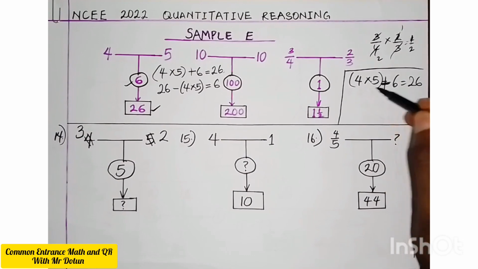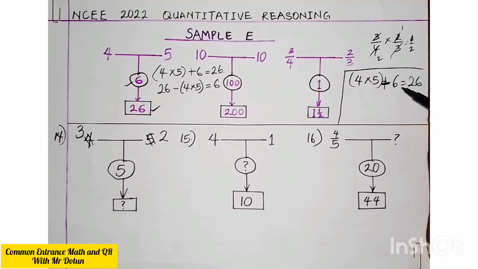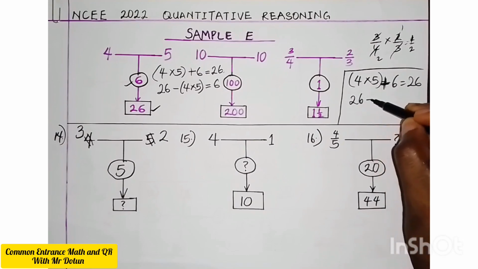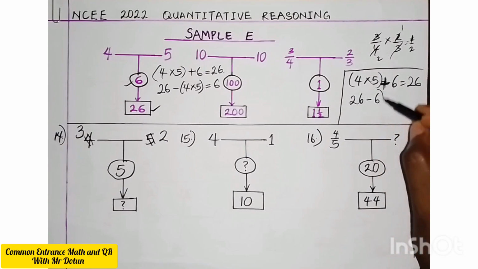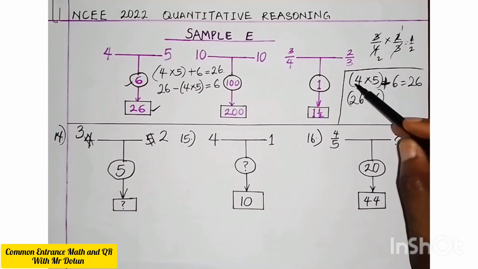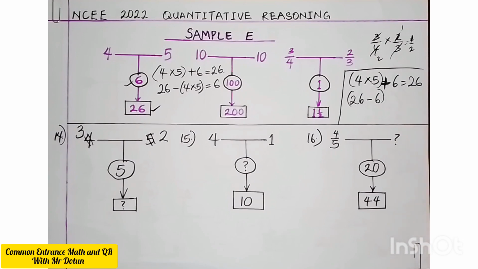For me to know any of these 4 and 5 components, I'll first take away 6. Since I added 6, I'll first take away the 6 from 26. So I'm going to have 26 minus 6 first. Then I come into the bracket. Inside the bracket, what I have is multiplication. So for me to know any of the components, I'll do the opposite of multiplication, which is what?